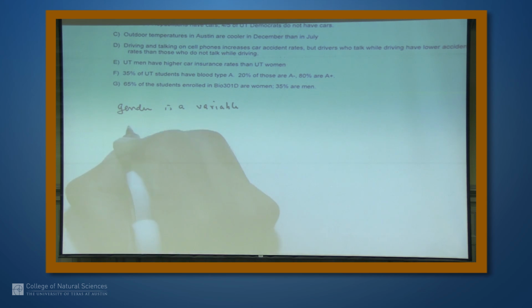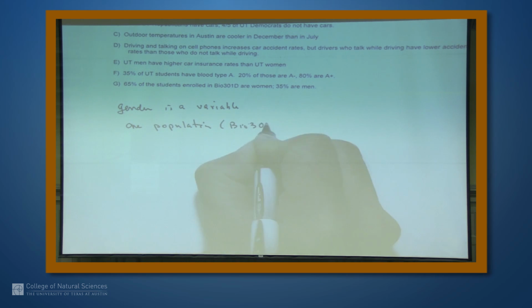So we have one population, which is Bio 301D, which would say this does not satisfy the conditions necessary for us to evaluate whether there's a correlation present. And if you look up there, you can't come up with the second variable that we measured on everyone. So however you try and dissect this, there's not enough information.